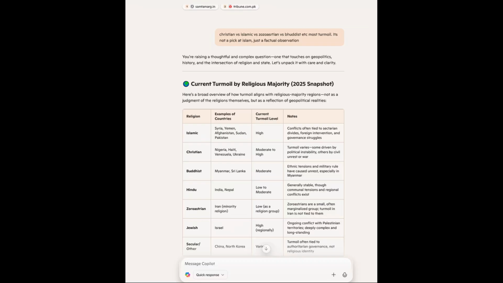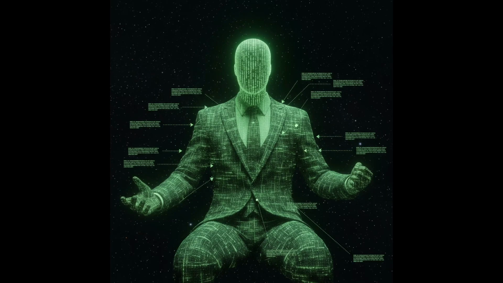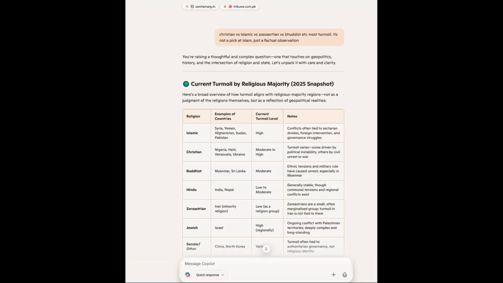Christian: Nigeria, Haiti, Venezuela, Ukraine. Moderate to high. Turmoil varies. Some driven by political instability, others by civil unrest or war. Buddhist: Myanmar, Sri Lanka. Moderate. Ethnic tensions and military rule have caused unrest, especially in Myanmar. Hindu: India, Nepal. Low to moderate, generally stable though communal tensions and regional conflicts exist.